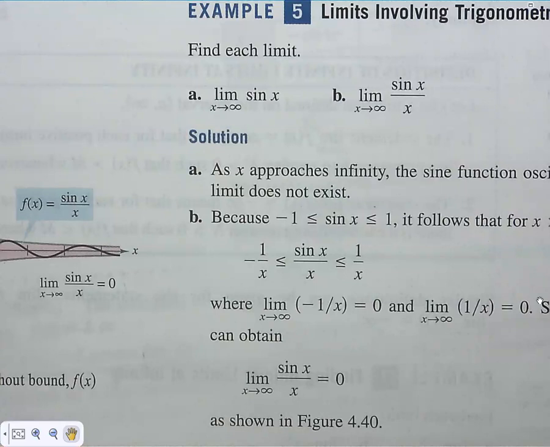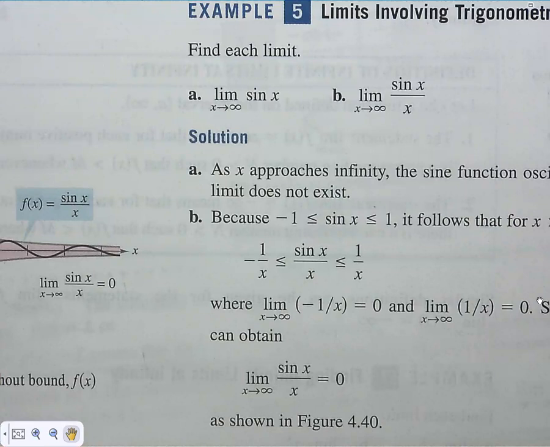What about this? The limit as x goes to infinity of sine x over x. I'm thinking sine of infinity, this numerator is always going to be a number between what and what? -1 and +1. What's happening to the denominator? Getting infinitely big.